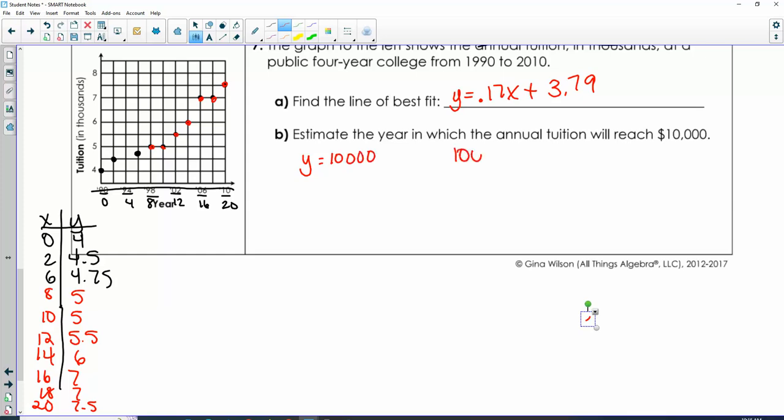So we're plugging that in for the y value. Oh, we do have a mistake here. I don't want to put in 10,000, because my tuition is already in thousands. The label is already thousands, so all we have to do is plug in the 10. Minus 3.79.